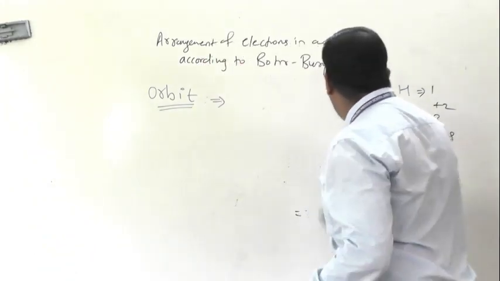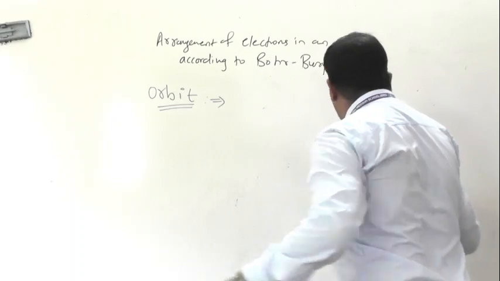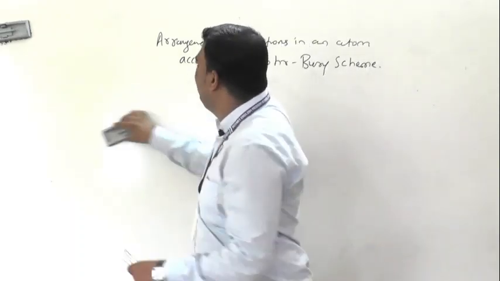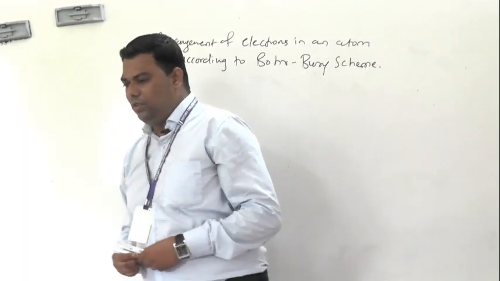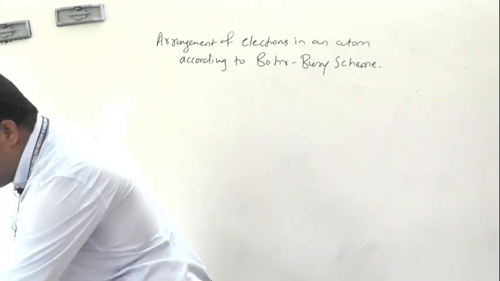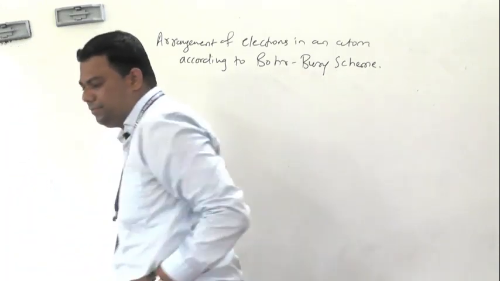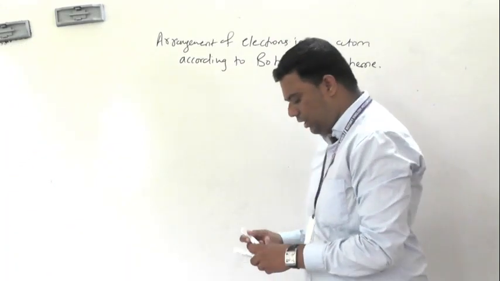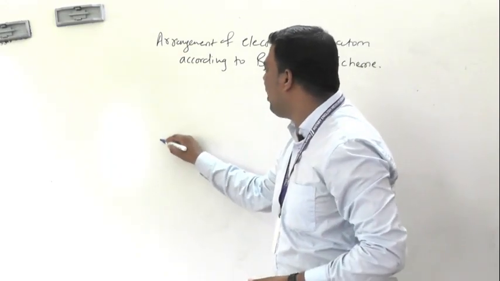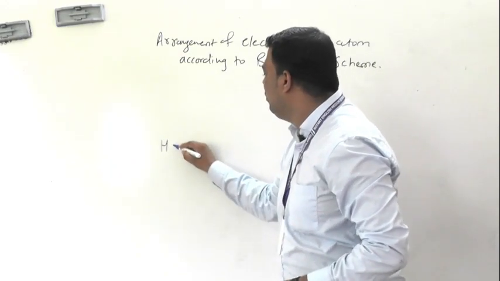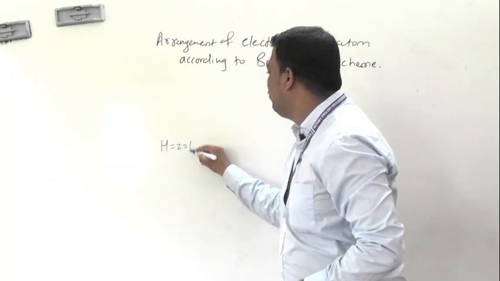Let us see some examples of how to write the electronic configuration of elements. Suppose you are writing for hydrogen. Hydrogen Z is equal to 1.